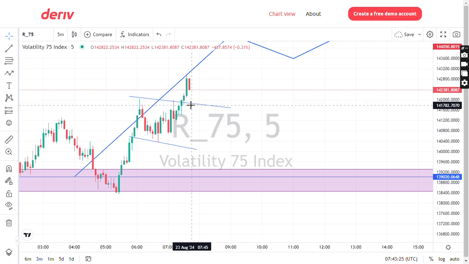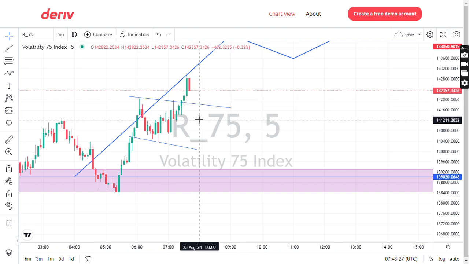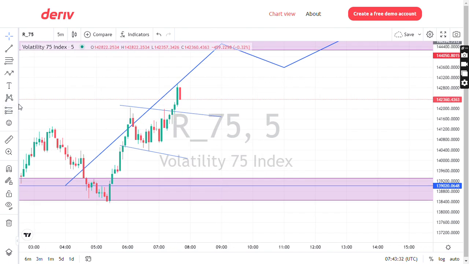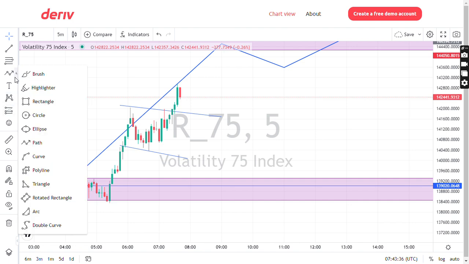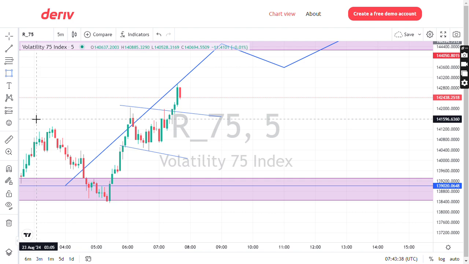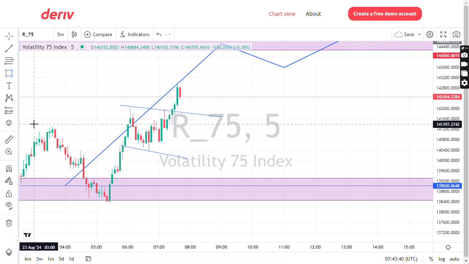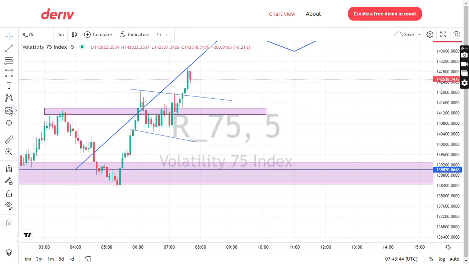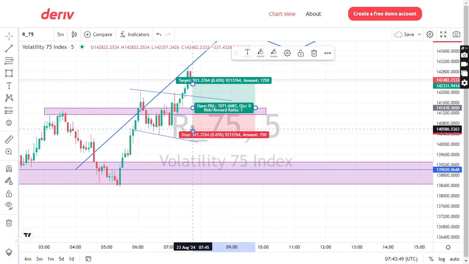So if we can come back into this point over here, around here or around here, I can take buys and push to the upside. So let me highlight a point of sensitivity that I would most likely enter at. I'd most likely enter here. And my entry point would be here.